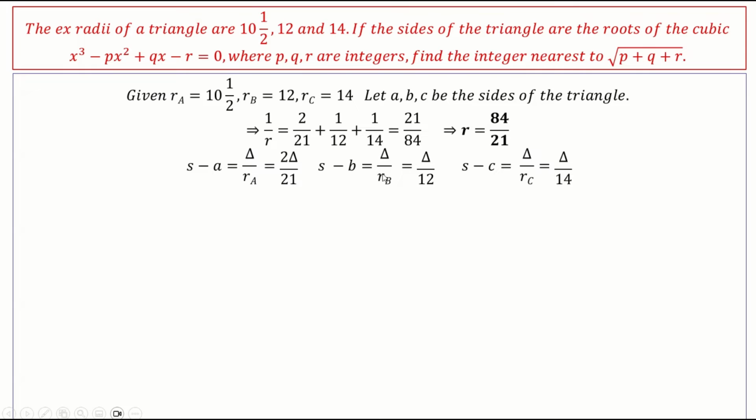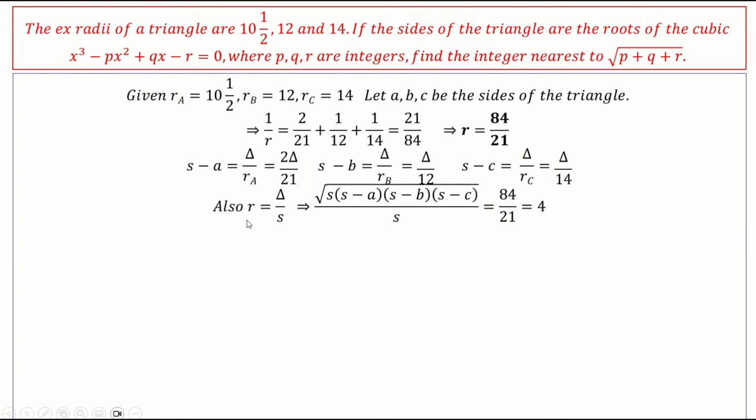S minus B equal to area by 12, S minus C is area by 14. And we know that R, the inradius, equal to 84 by 21, equals area by semi-perimeter, right? And we can expand the equation like this.